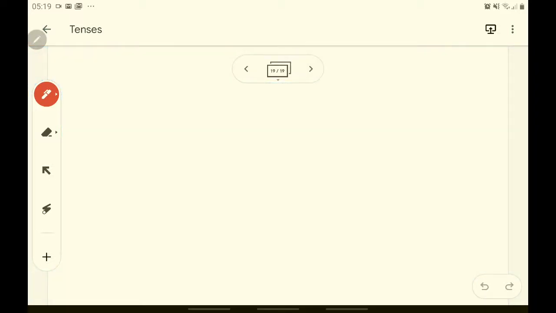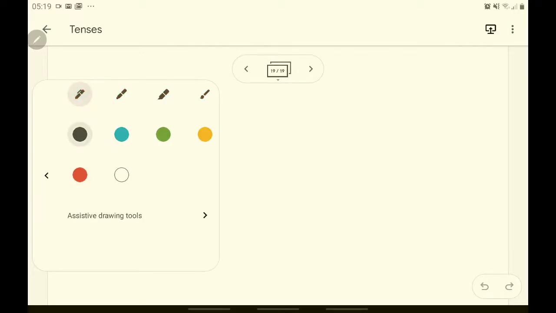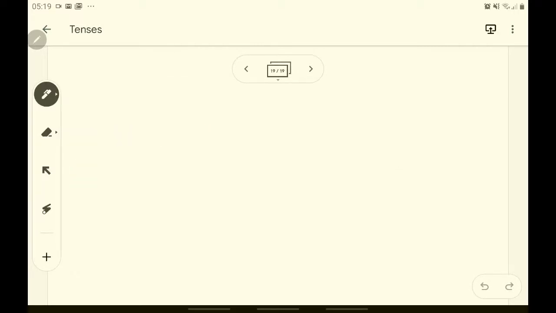Okay, so the last one for present tense is present perfect tense. This one is quite confusing. Let me just write it down for you first. Present perfect tense.